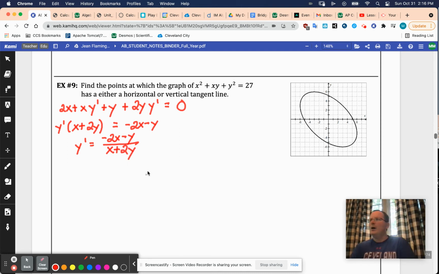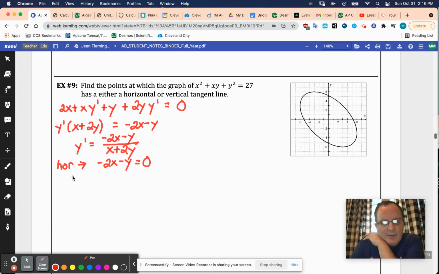Okay, cool. So what I want to know is, for my horizontal tangent lines, when this slope, this fraction, is equal to 0. So for horizontal, that says negative 2x minus y equals 0, which means y equals negative 2x.